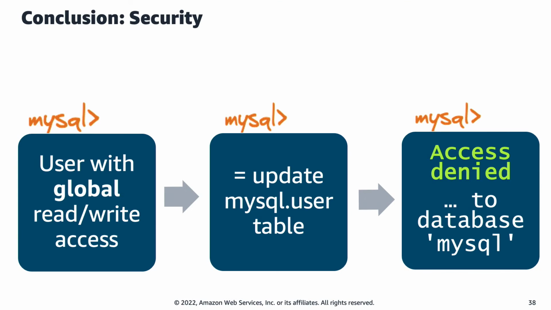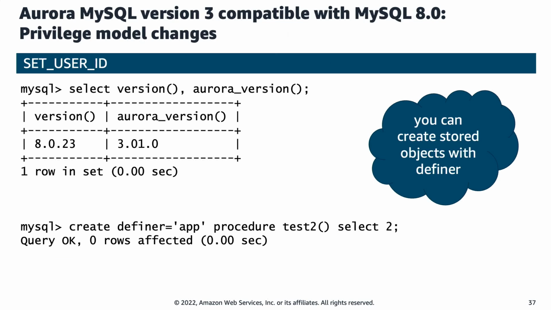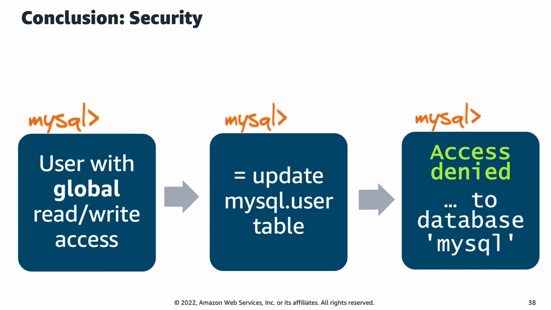All right, so conclusions. The original problem was that if you control your MySQL system database, you control the whole database. You can update your MySQL.user table, you can do other stuff, and you can get any privilege.